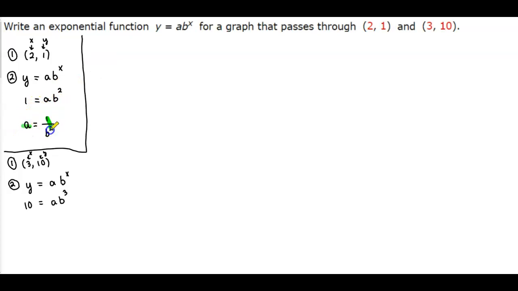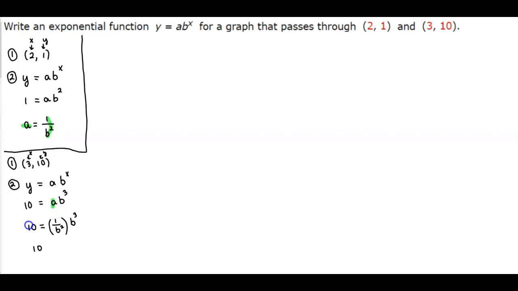Now we know that a is equal to 1 over b squared, and we can plug that in for a here. So we can rewrite this as 10 equals 1 over b squared times b cubed.